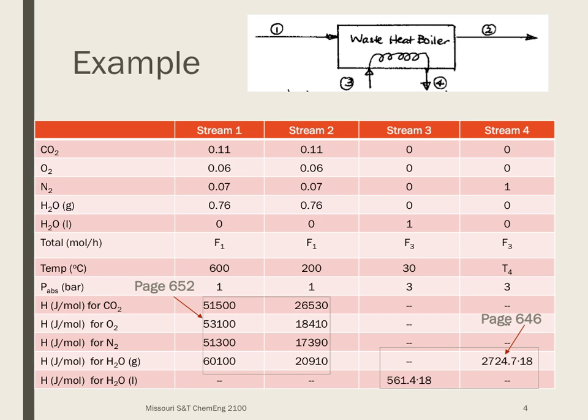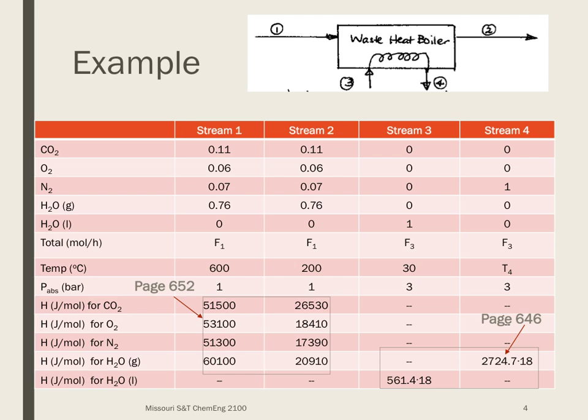Well, we're going to need data. So we can go to, and the page references are in the old hard copy book, but you can also find these in the appendix of the online textbook. On page 652, on the ideal gas tables, there is a table that has enthalpy entries for ideal gases at various temperatures.